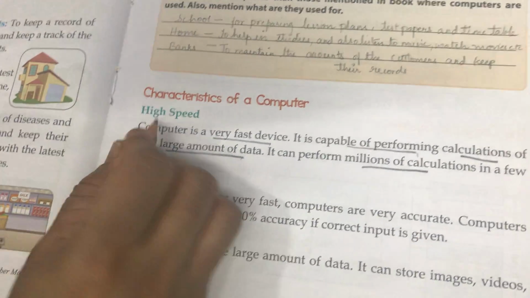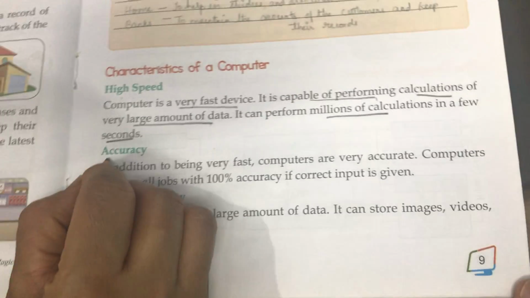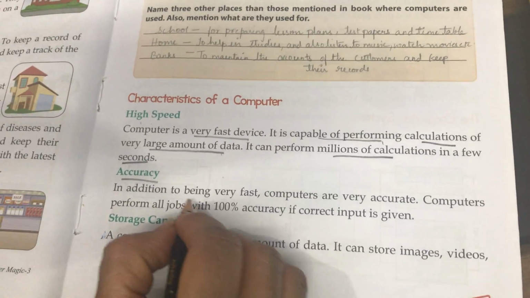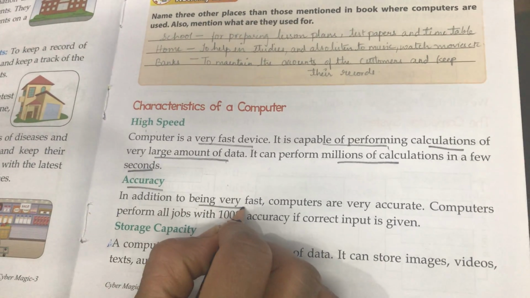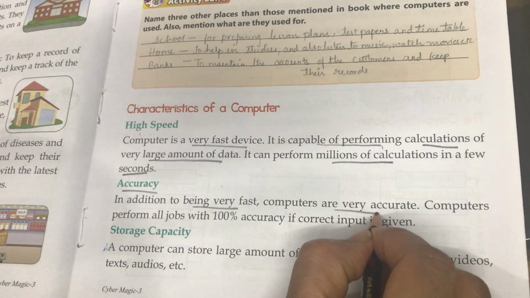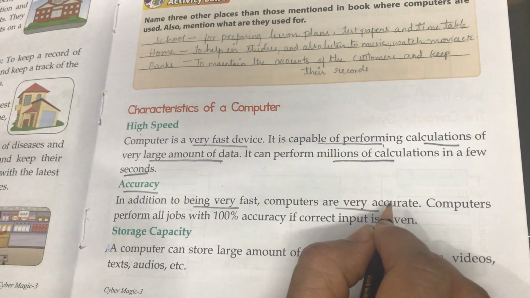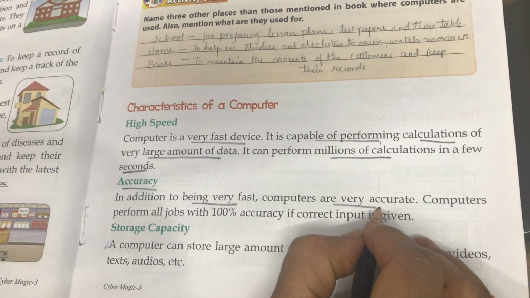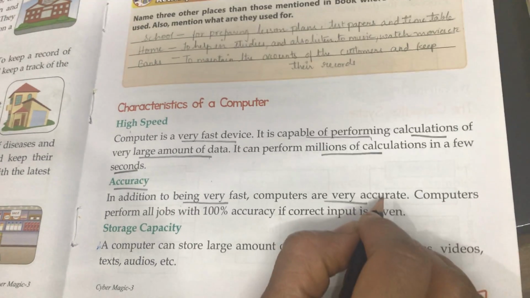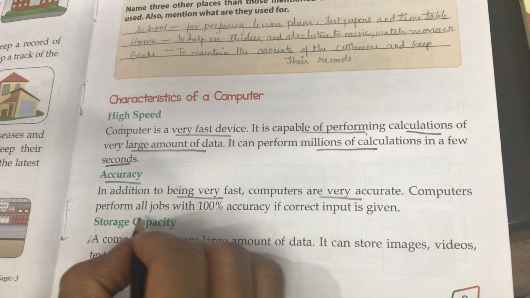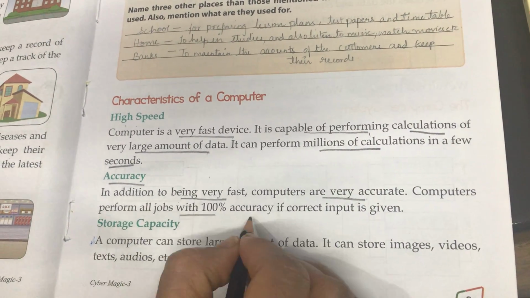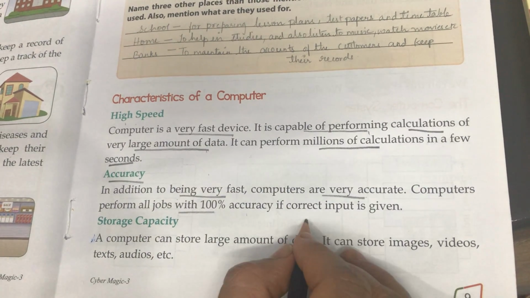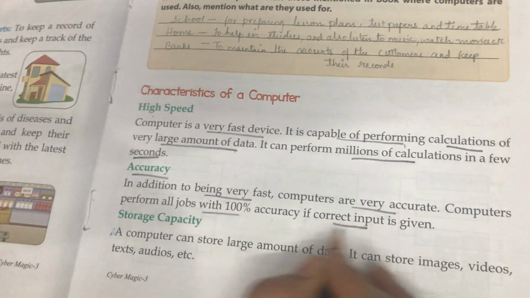That's why we say the computer has high speed. Accuracy: in addition to being very fast, computers are very accurate. It gives a correct result, not a wrong result. Whatever input we give, we get the correct output with the help of the computer, and it performs the job with 100% accuracy if our input is correct.